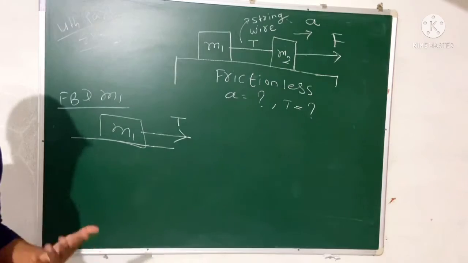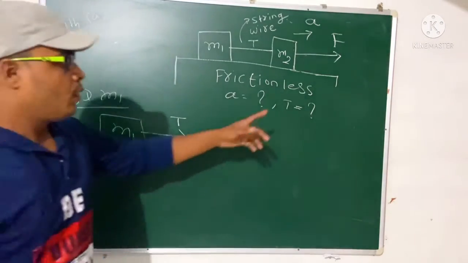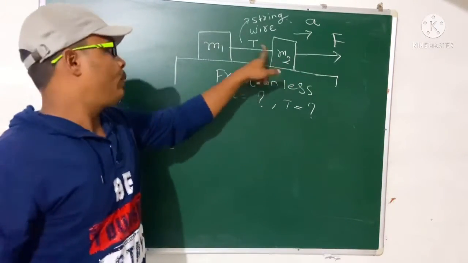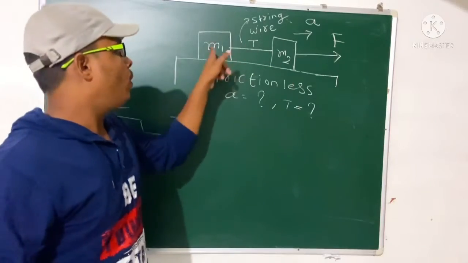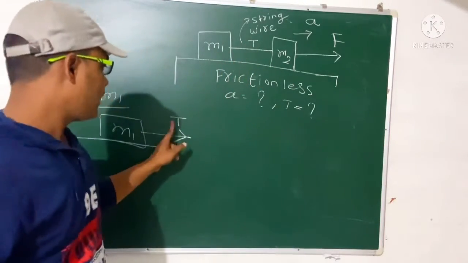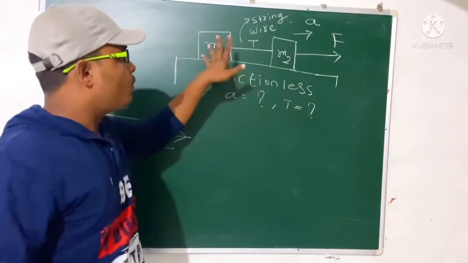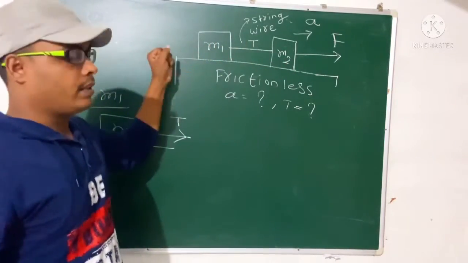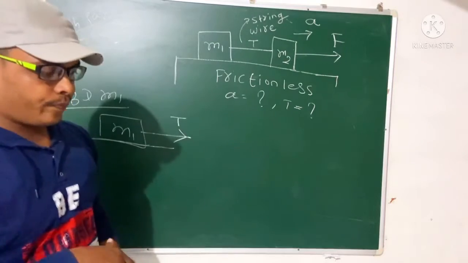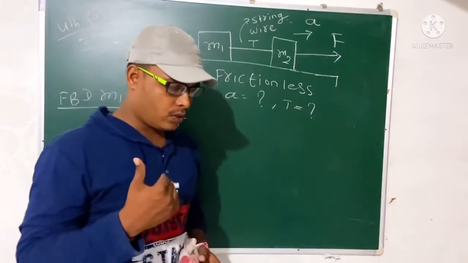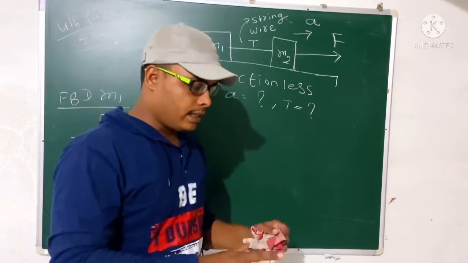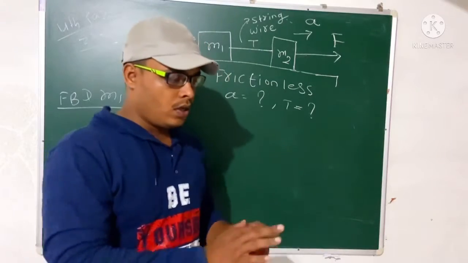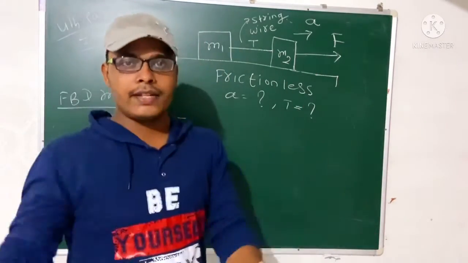For every action there is an opposite and equal reaction also. We are pulling M2, but M2 is connected to M1. So M2 also pulls M1 by a force, that is tension. And when M2 is pulling M1, M1 also pulls M2 towards it. Because अगर तुमने, discuss this case: there is a small object and there is a large object.